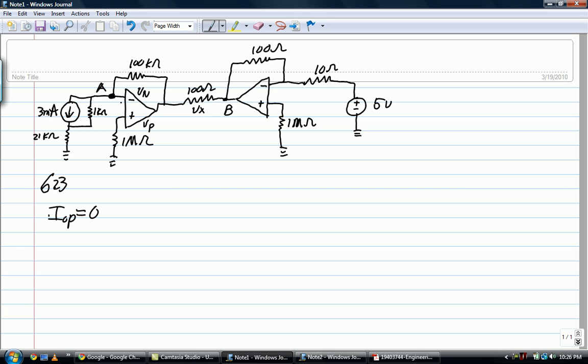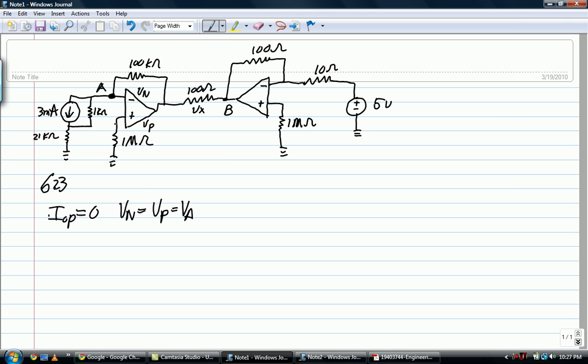We also know that the voltage V sub N and V sub P have to be equal to each other because there's no change between this branch. So the nodal voltage right here is the nodal voltage right there. There is no difference. So we have V sub N is equal to V sub P, which is also equal to V sub A, which is our nodal voltage.